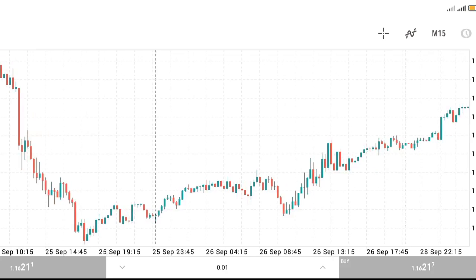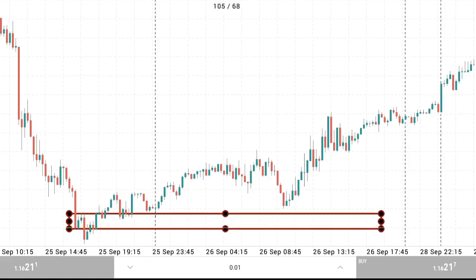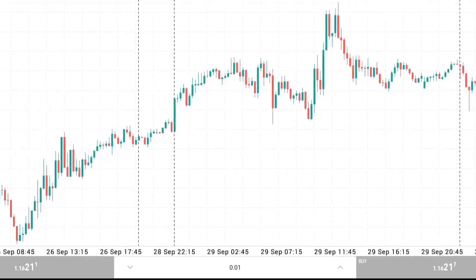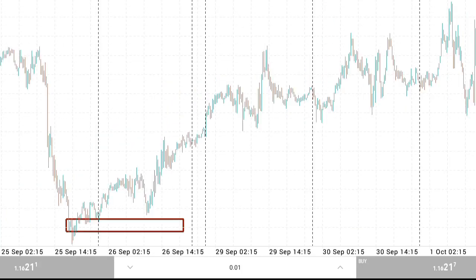Let me quickly show us here our area of support. Now this is a downtrend. This is a downtrend, and you will see that it is actually a proof of our area of support and resistance.